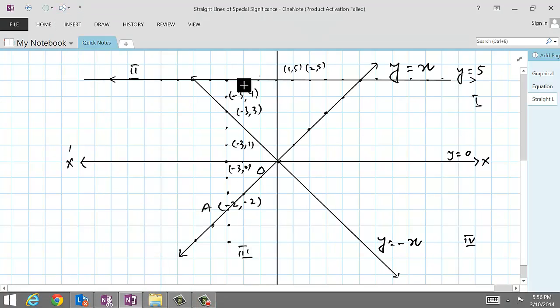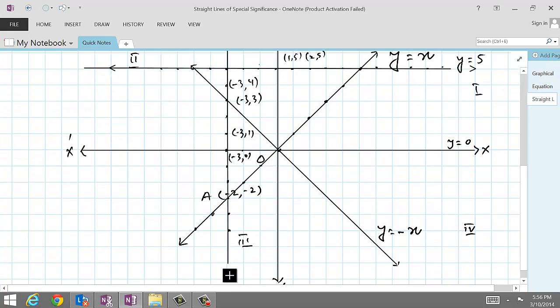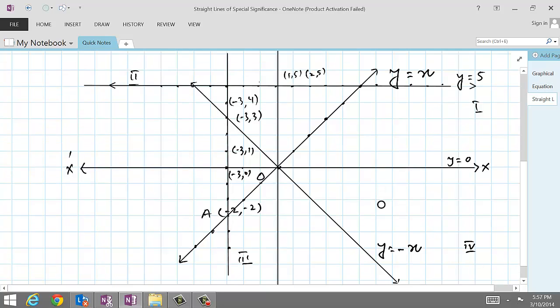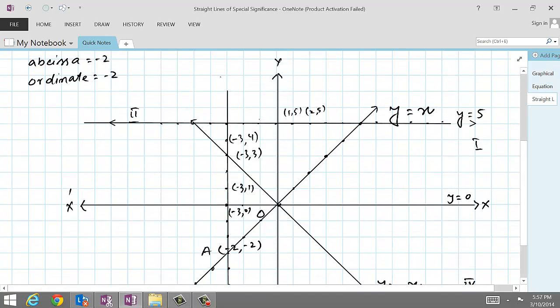So if we draw a line through all these points, that will give us a line x equal to minus 3. So therefore, this line is x equal to minus 3. And if we go toward the left, next will be x equal to minus 4.